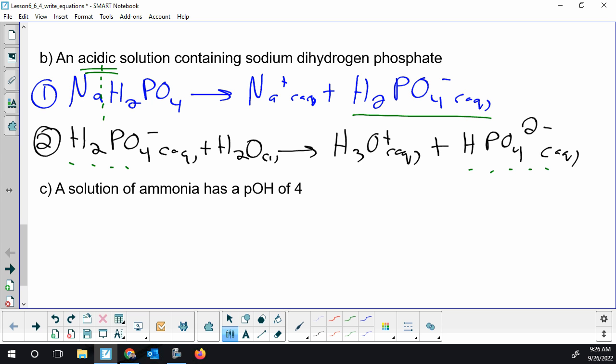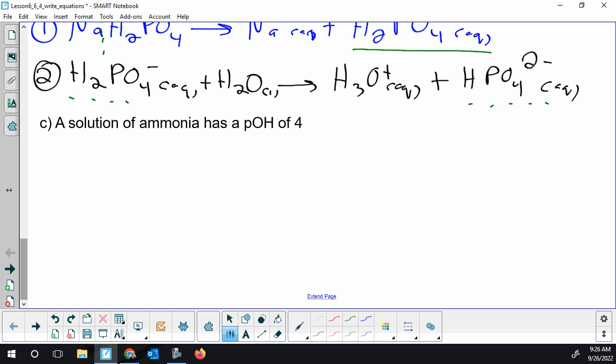Okay. A solution of ammonia has a pOH of 4. Now, ammonia is an incredibly important industrial chemical, particularly in fertilizers. It shows up in Chem 20 and 30 questions all the time. And its formula is NH3.